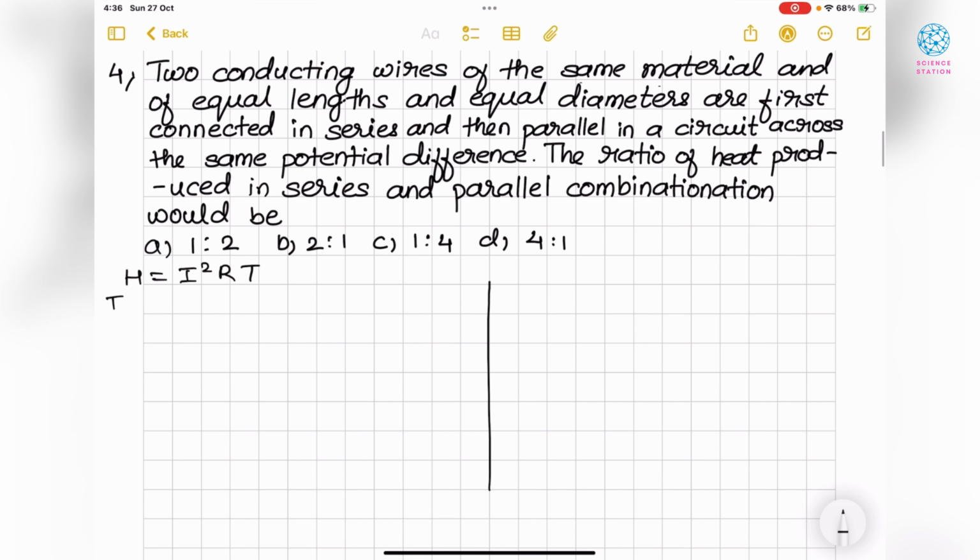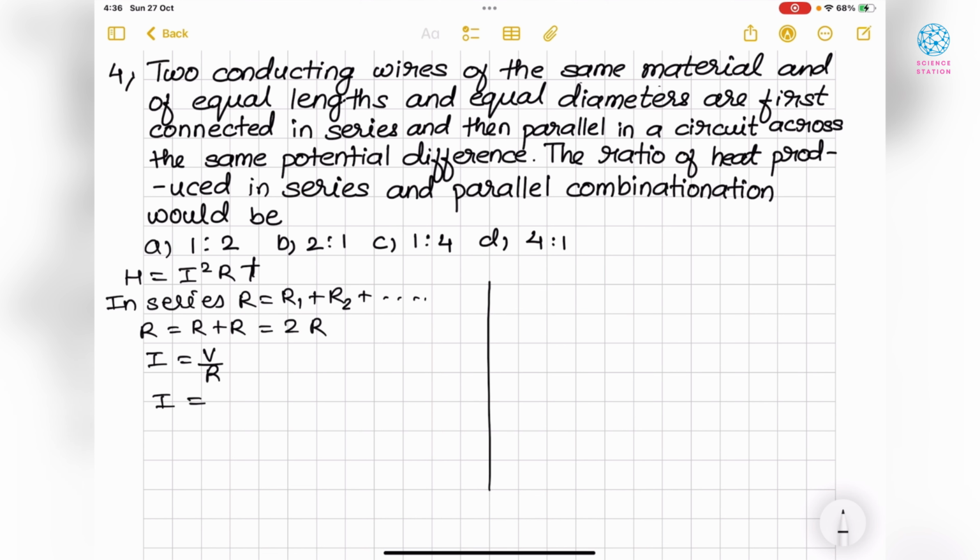So in series, R will be equal to R1 plus R2 and so on. So here R equals R plus R, that will be equal to 2R. So I will be equal to V upon R, so I will be equal to V upon 2R.